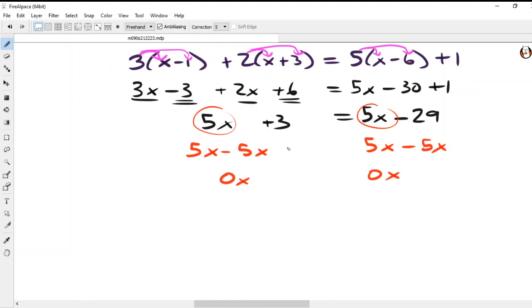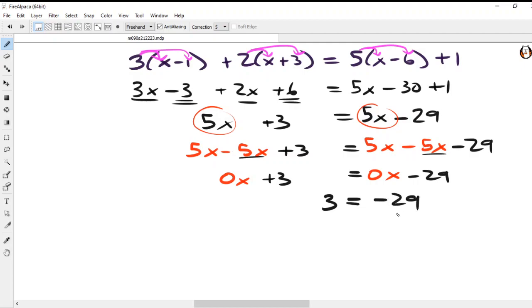So 5x plus 3 is equal to 5x minus 29. And then we subtract 5x from both sides, which is the correct thing to do. And we get 0x plus 3 is equal to 0x minus 29, or 3 is equal to negative 29, which is false.